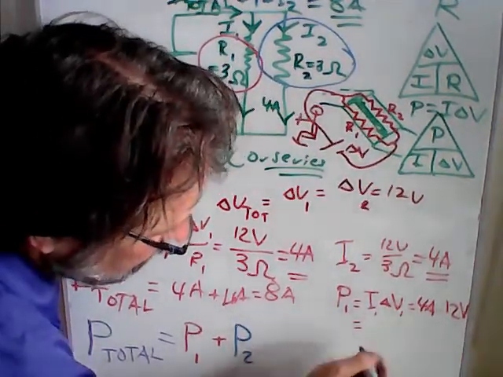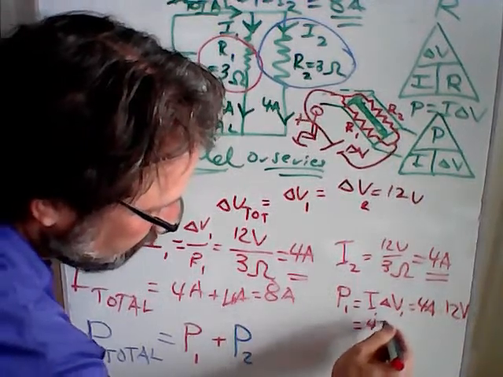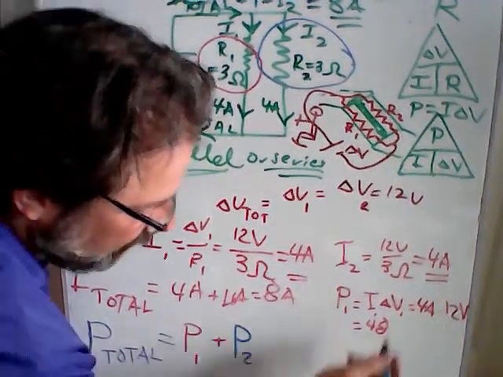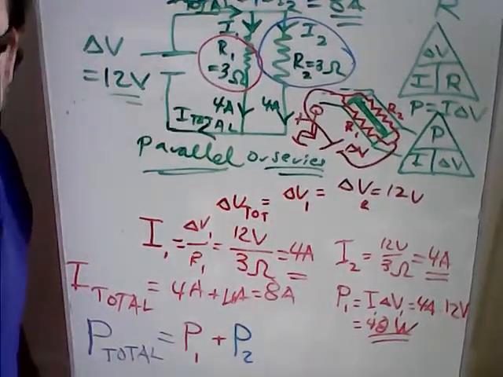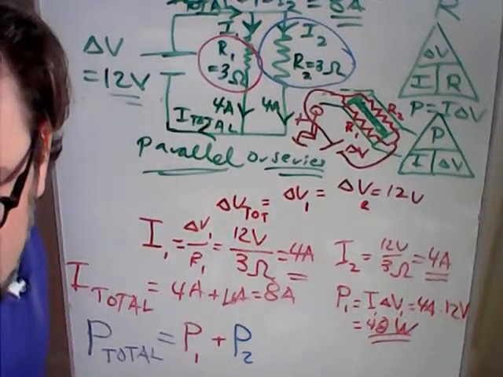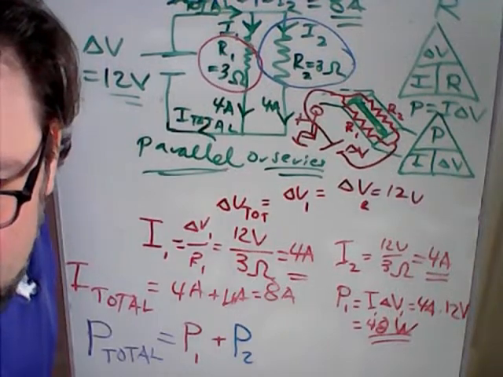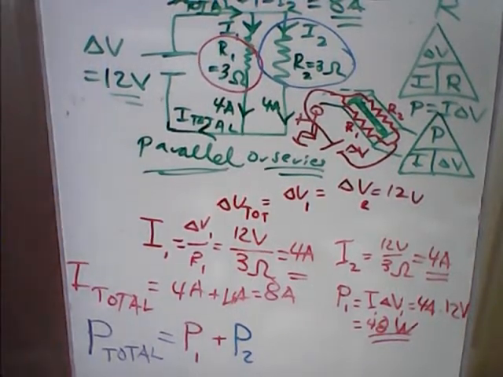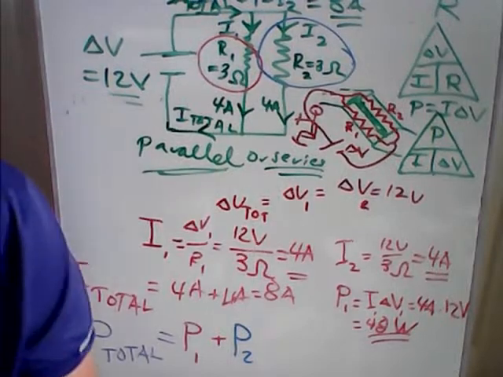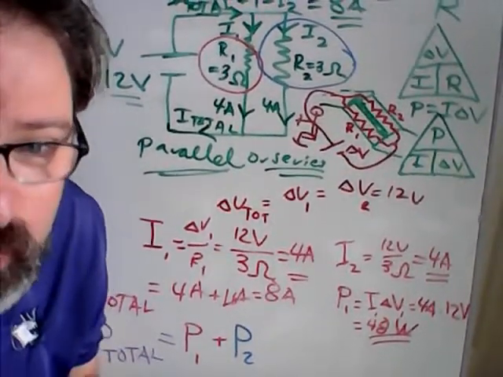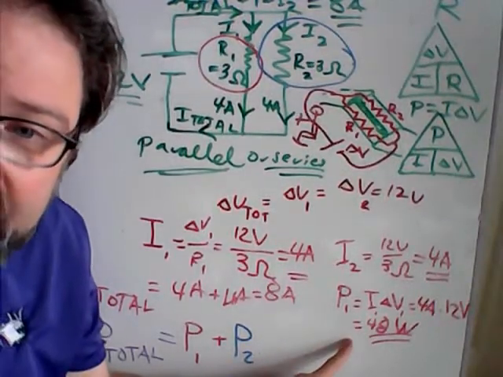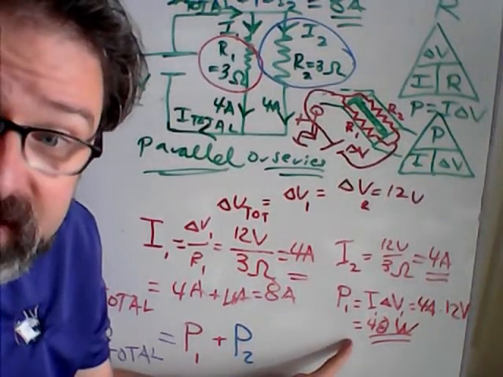And of course that means 4 times 12 is 48 ampere volts, and that has a name that's called watts. Okay, so we have 48. Hi Isaac. So we have 48 watts of power being used by resistor 1.